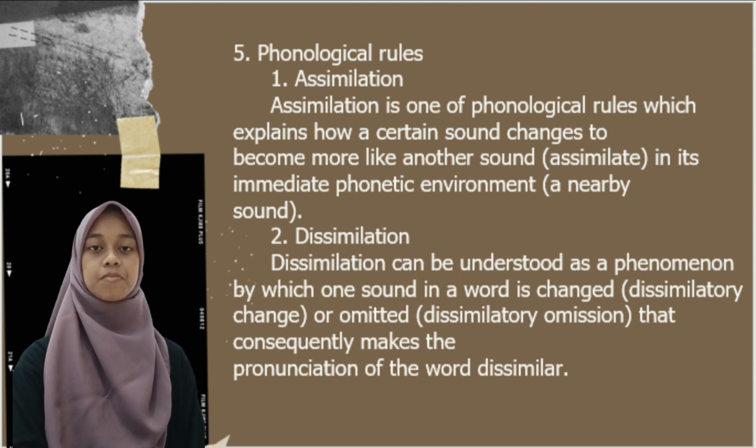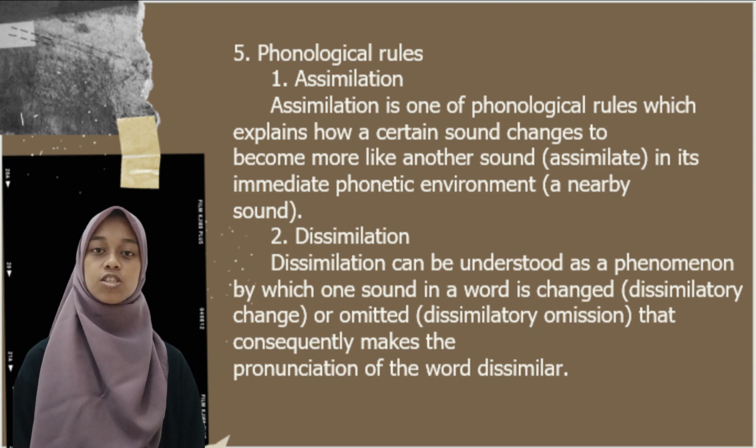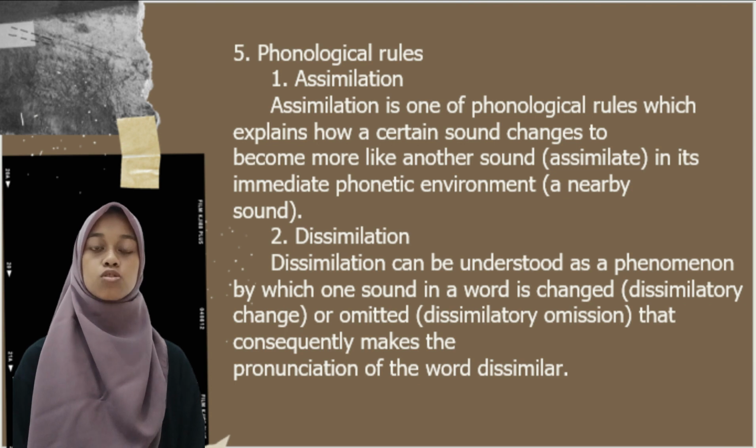Phonological rules. Number 1. Assimilation. Assimilation is one of the phonological rules which explain how a certain sound changes to become more like another sound, or assimilate, in its immediate phonetic environment, or an early sound.